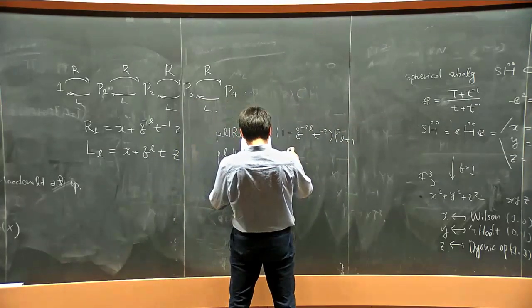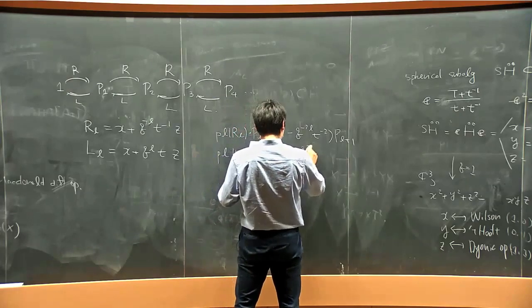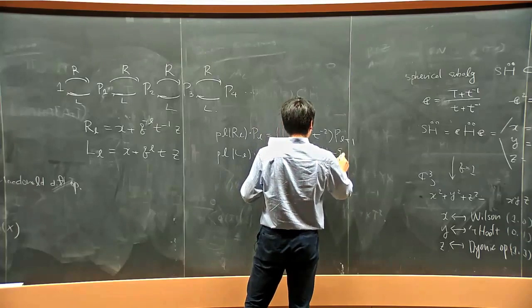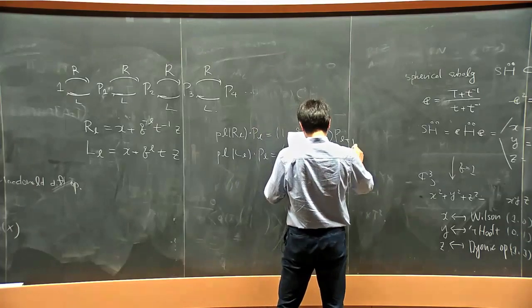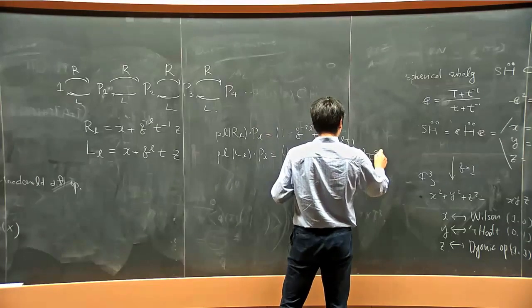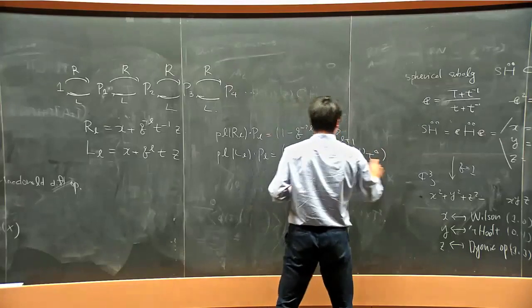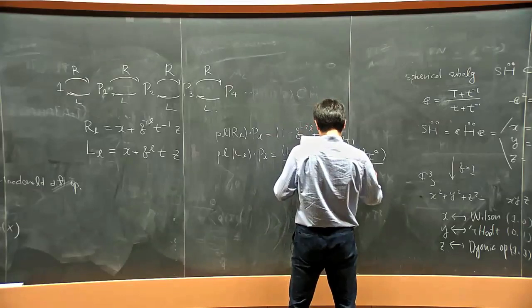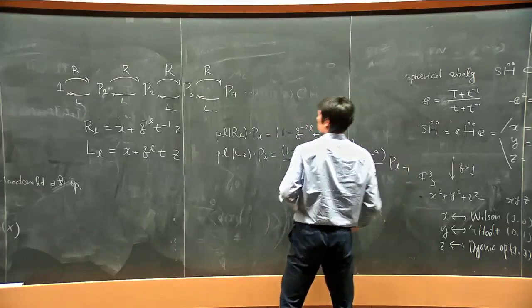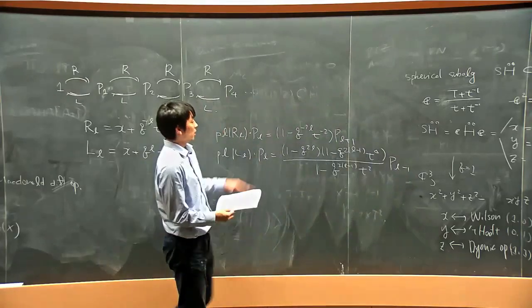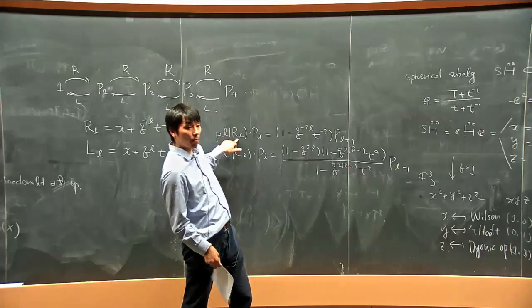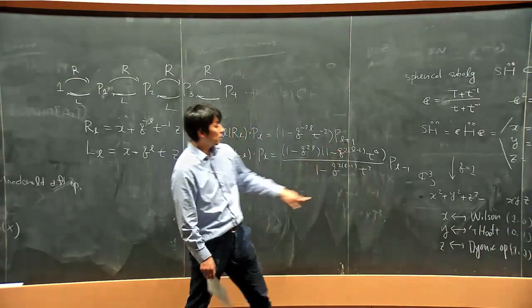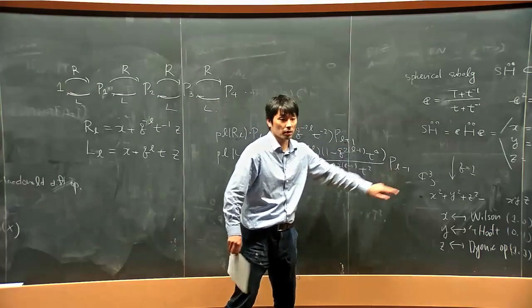If it acts on PL, you get some factor 1 minus q to L minus 1 t to the 4 over 1 minus q to the 2 L minus 1 t to the square, P L minus 1. So therefore, the raising operator increases the number of boxes, and the lowering operator decreases the number of boxes by 1. Okay.